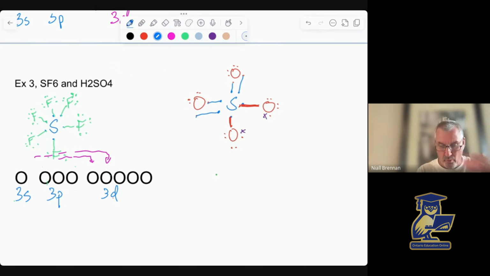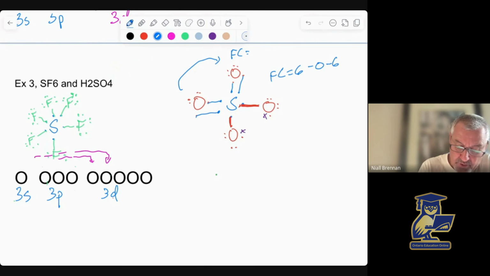And we can do a formal charge here. Sulfur is in group 6, 0 dots minus 6 bonds. Oxygen, so these 2 oxygens right over here would be a formal charge of 6 minus 4 dots minus 2 bonds. Now we're going to get some -1 charges here.